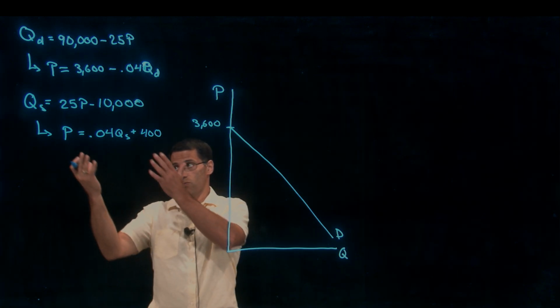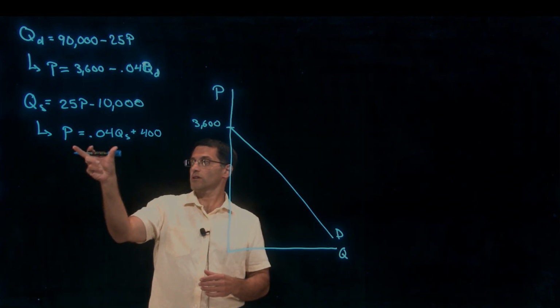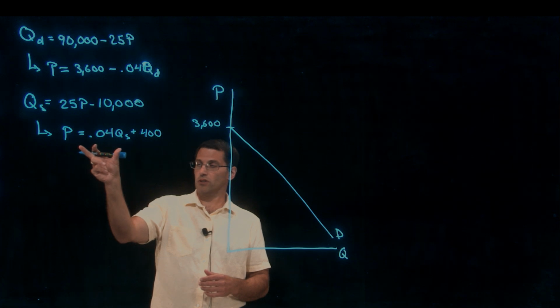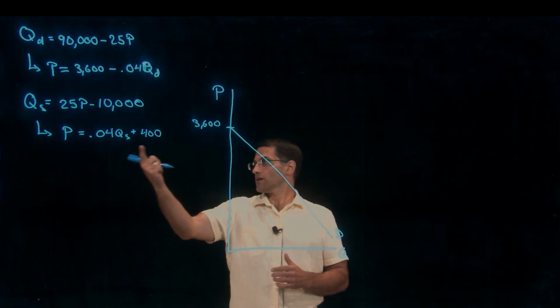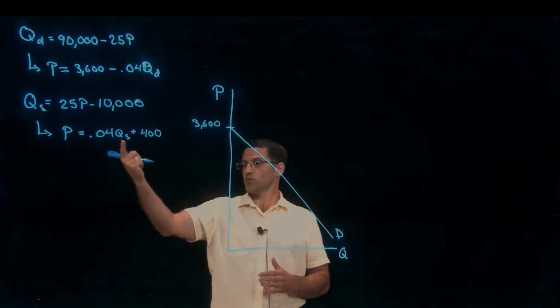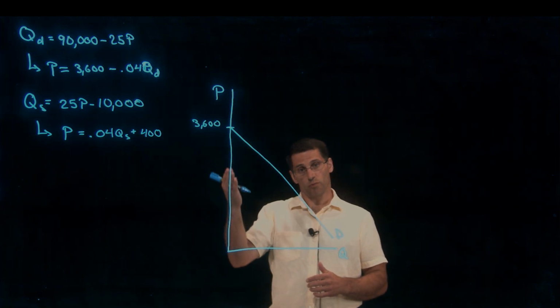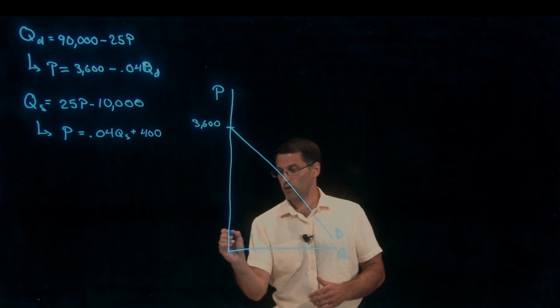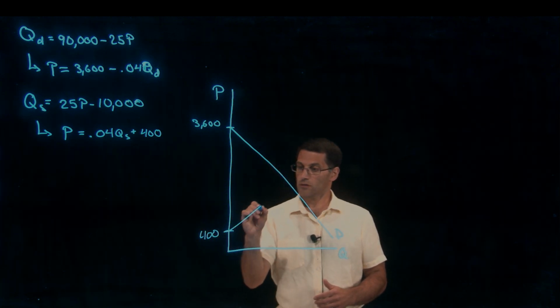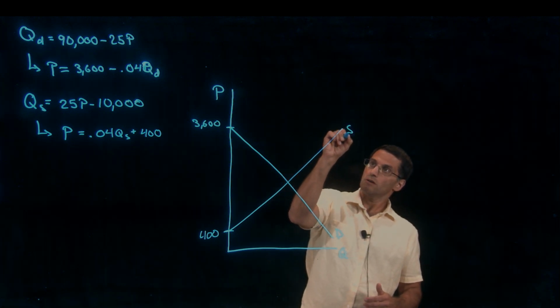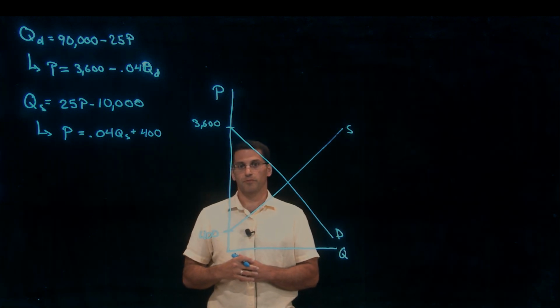So again, we're going to take this inverted supply function, and we're going to plot that here in our graph. If you set QS equal to 0, that's going to give you the price intercept. And we see that that's at 400. And that's our supply curve.